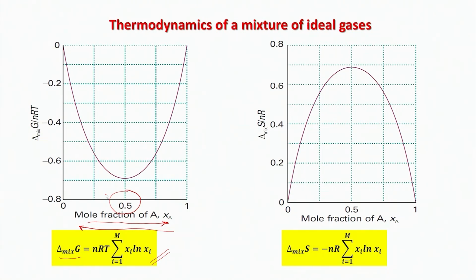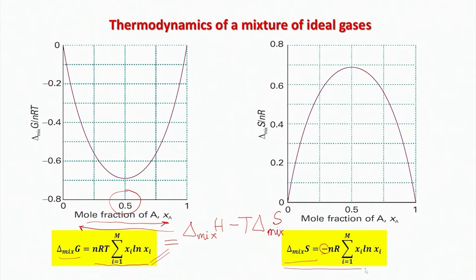Therefore, you can find out the change in entropy of S during mixing as delta mixing of S. And if that is so, you will be able to see that if I divide the right hand side of this expression by T, I would get the delta S mixing. And once again, I'll have to take into account a negative sign, because in this case delta G mixing is equal to delta H mixing minus T into delta S mixing.